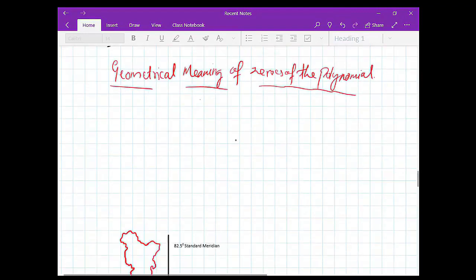In today's class, we are going to discuss the geometrical meaning of zeros of the polynomial. In the last class, you came to know how we find a zero of the polynomial and what the zero of a linear polynomial is.